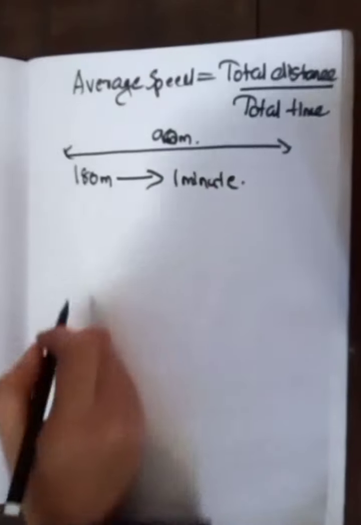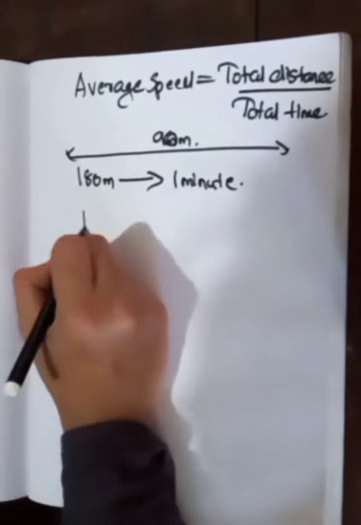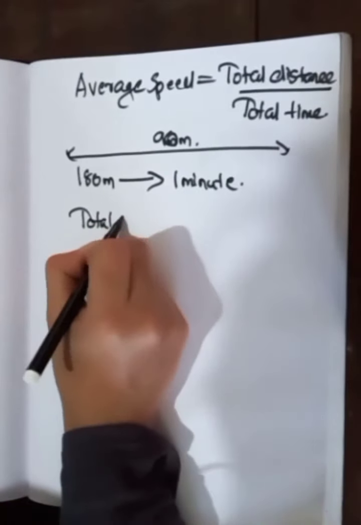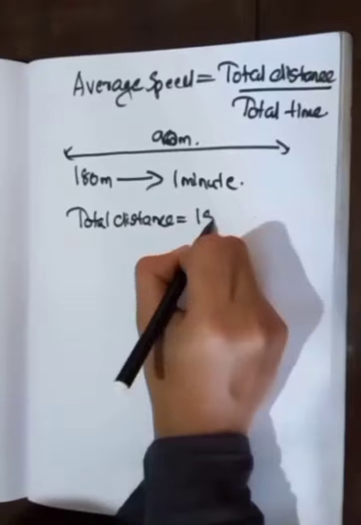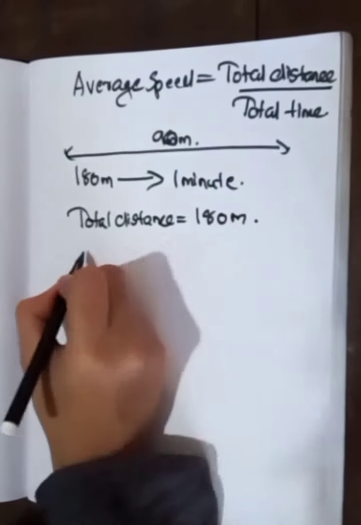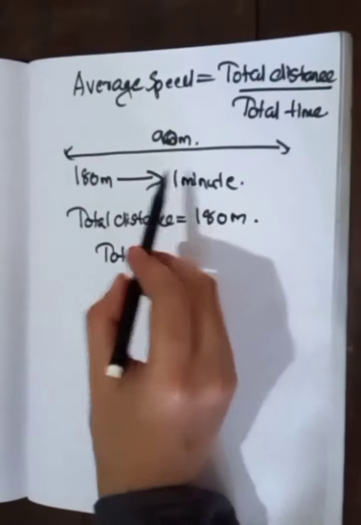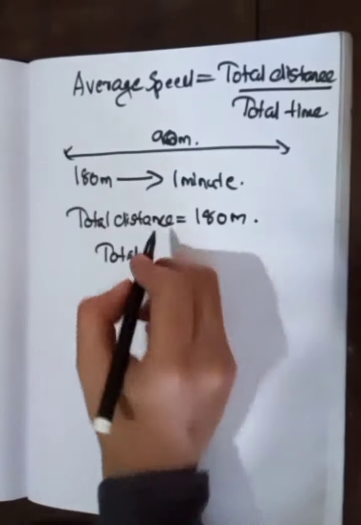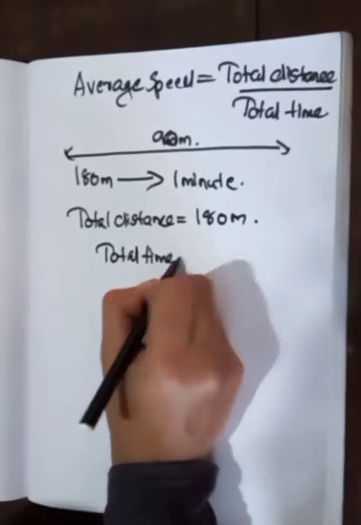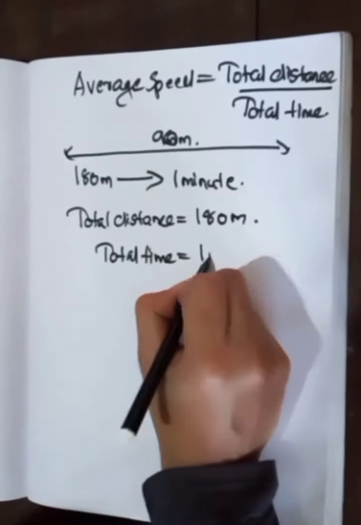Therefore here total distance is equal to 180 meters, and the total time, the time taken to cover this 180 meters, is equal to 1 minute.